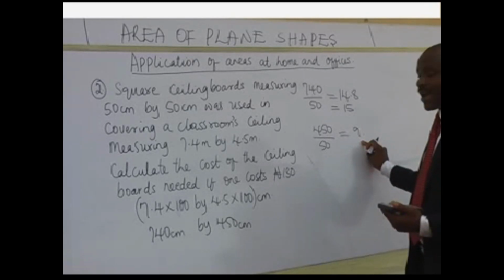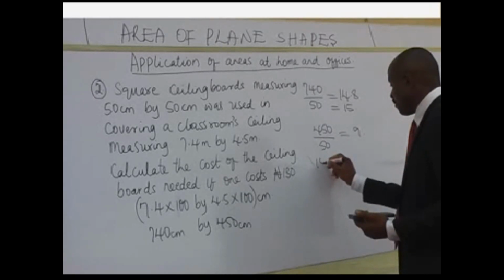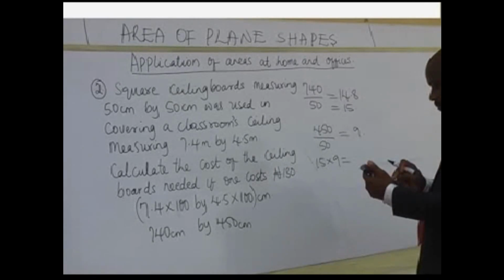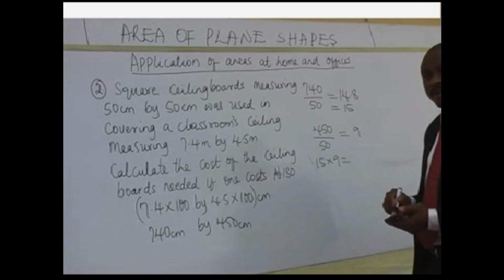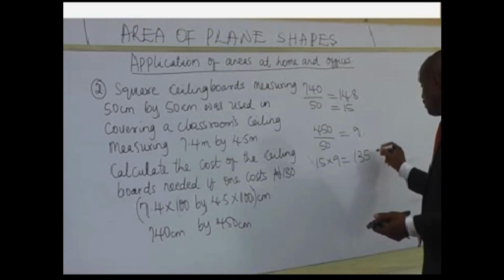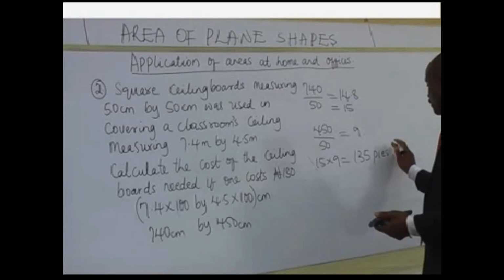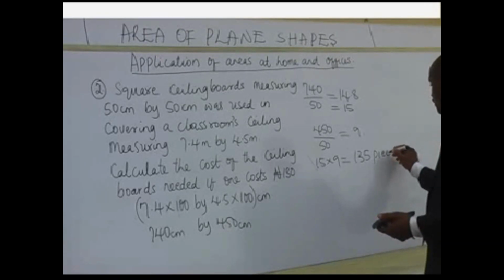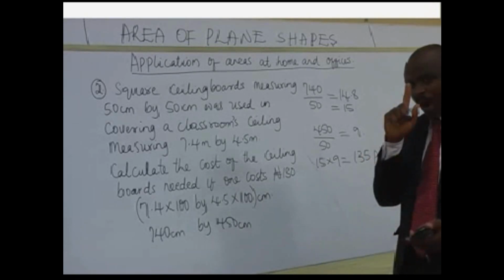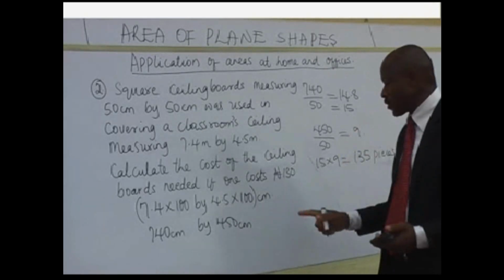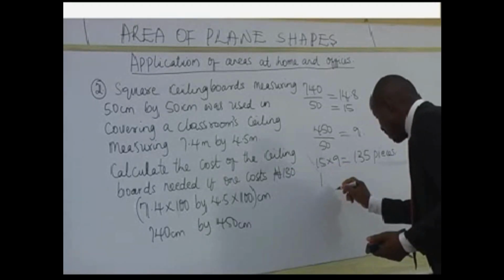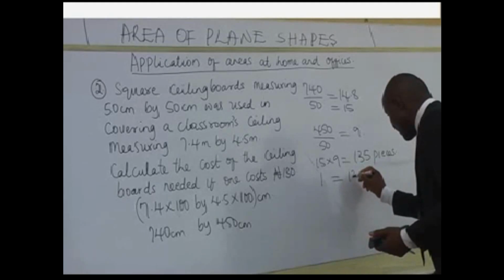That means the entire area will be 15 times 9, which is 135 pieces of ceiling board. Now, the question says that one piece of ceiling board costs 130 naira.